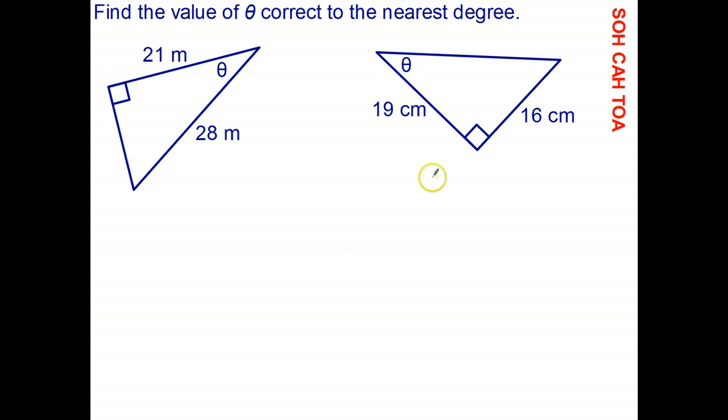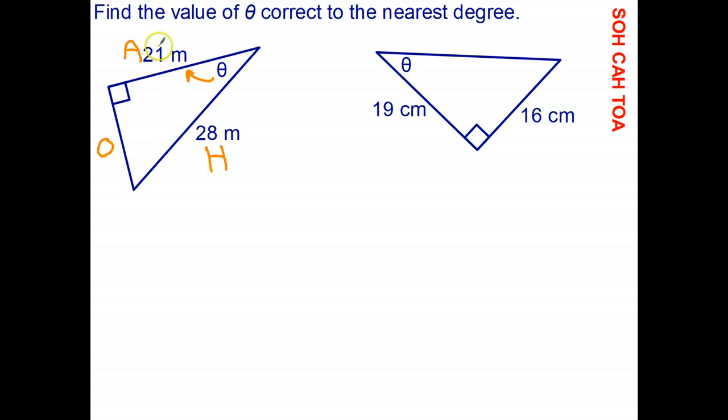Okay, I'll do the one on the left, then you're going to do the one on the right. I'm going to start like I start every single question in trigonometry by identifying opposite, adjacent, hypotenuse. So opposite the right angle is the hypotenuse, opposite the angle we know, that's the opposite side, and the angle next to it is the adjacent side.